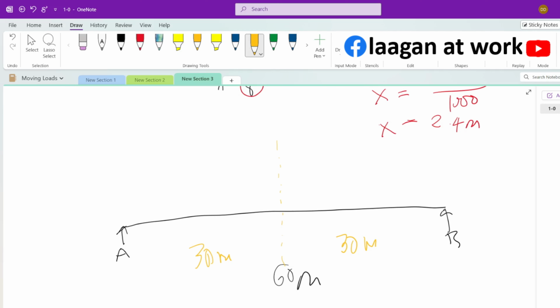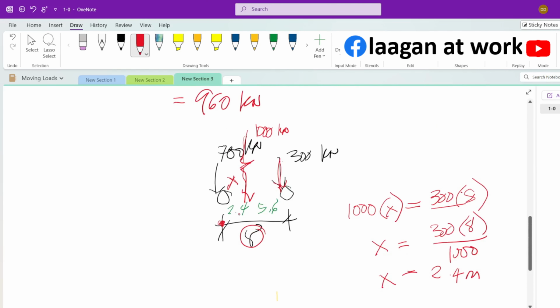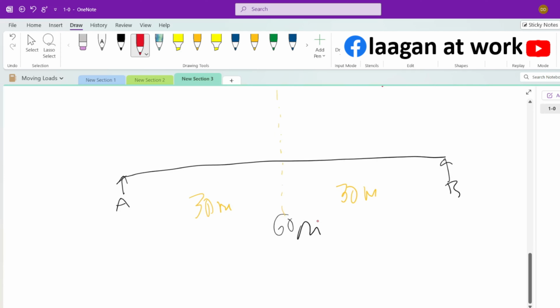Now, for moving loads, to get the maximum moment, position the center line of the beam between the resultant and the biggest load. So now the distance is 2.4, like this one here. Divide it by 2, so that's 1.2.